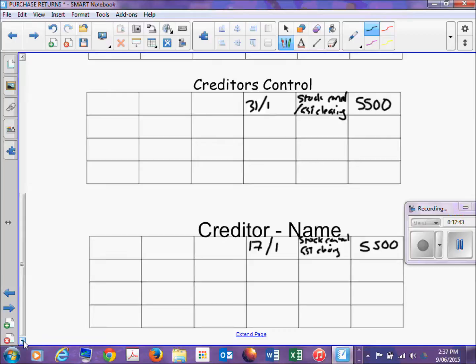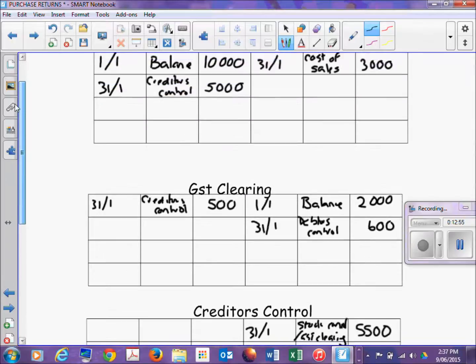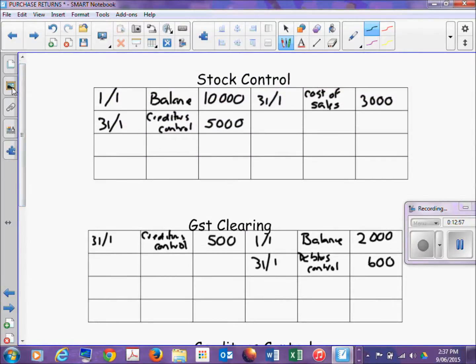Alright, so every entry that we've put in so far are all the entries before a purchase return, yeah? We all good there? So let's go back to the top. I'm going to do my purchase return entries in a different colour, just to highlight them. The entries for purchase return are always the same.